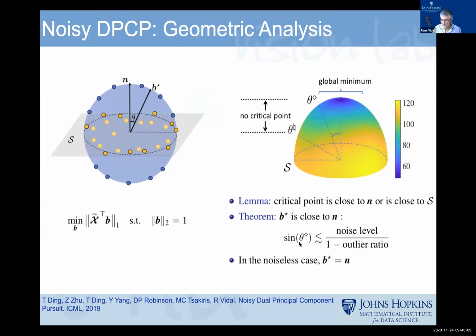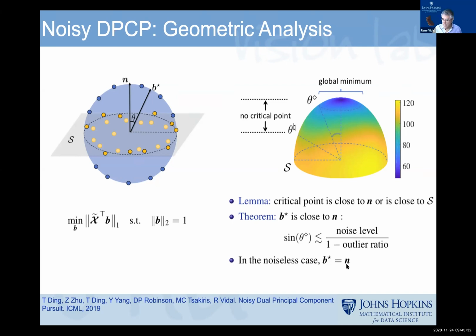The sine of the angle between the estimated B, or the global optimum, and the true B is less than or equal to something like the noise level. Think of the standard deviation of the noise, divided by 1 minus the outlier ratio. So in particular, if there is no noise, the global optimum is equal to the true normal, which was the previous result.